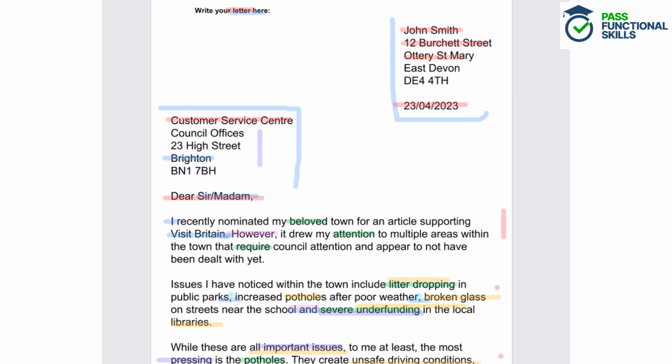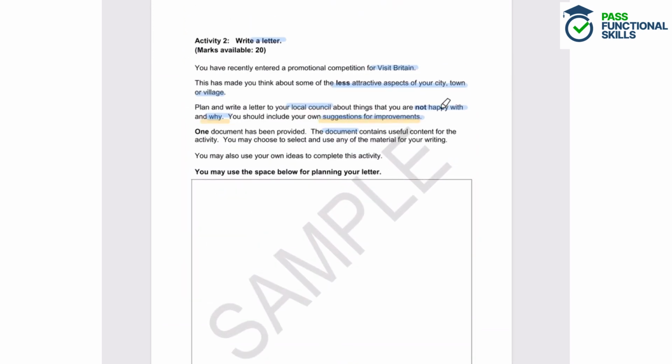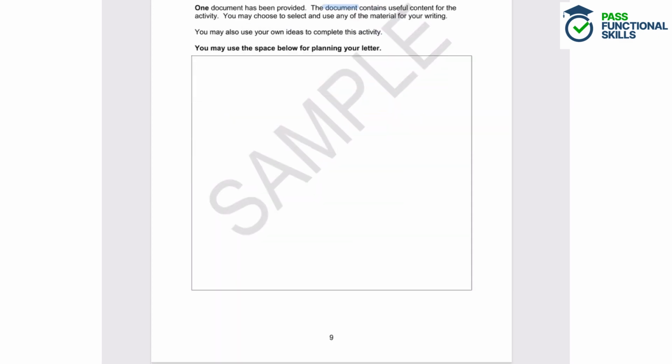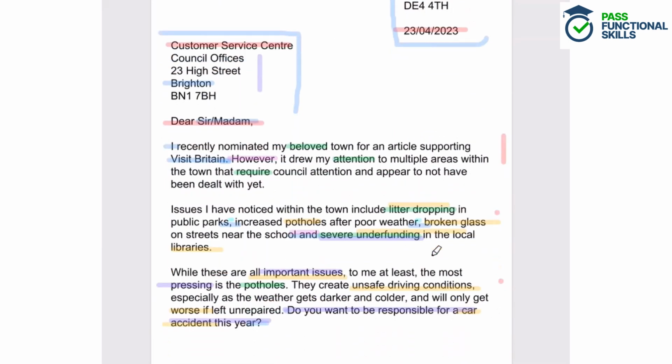We've also got an effective answer to the question because it is addressing all of the different points that were mentioned in that question. So we've got things that we're not happy with, explanations as to why, and then suggestions for improvements. All of those boxes have been ticked there.